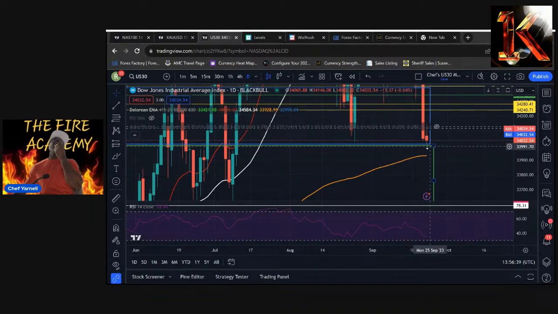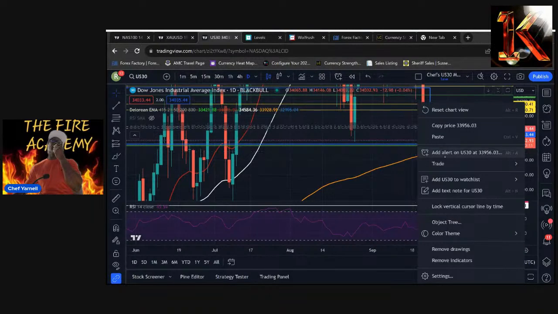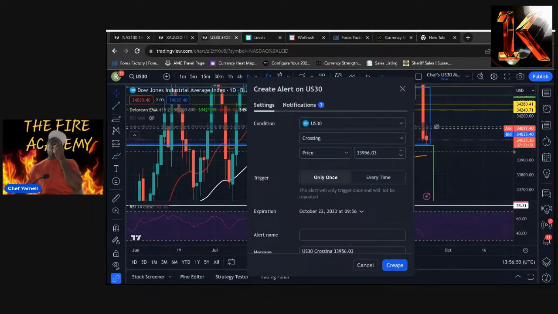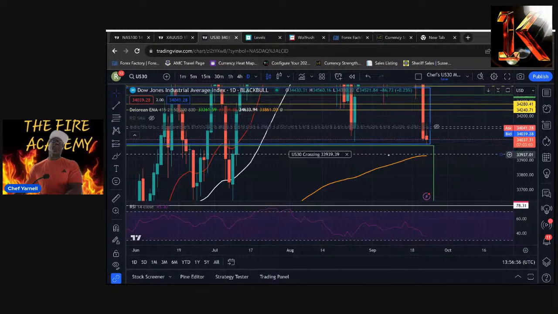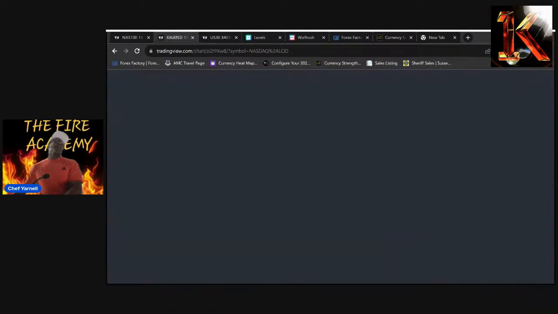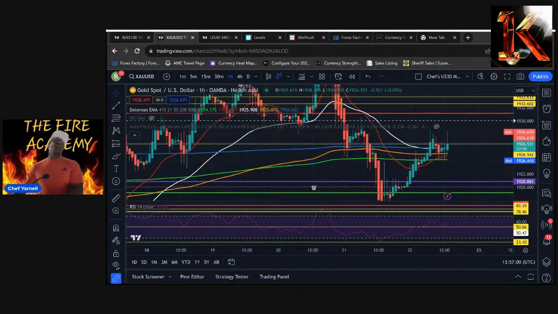Once price enters into this green zone, we're going to this EMA right here. That's where price should be going. I will set an alert. I don't know if it's going to go now or today because it's still moving crazy. But that's where it should be going, right there to that EMA. I'm gonna set an alert right there at the EMA to know that price went that direction.